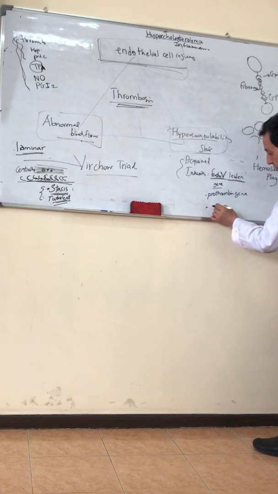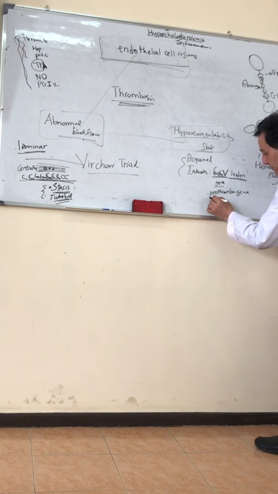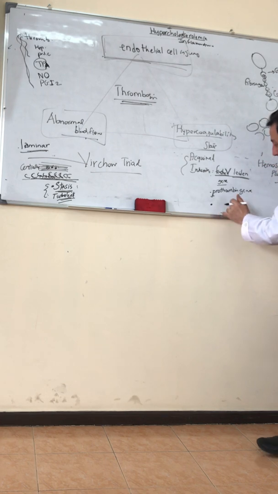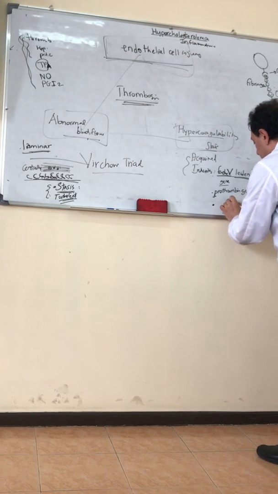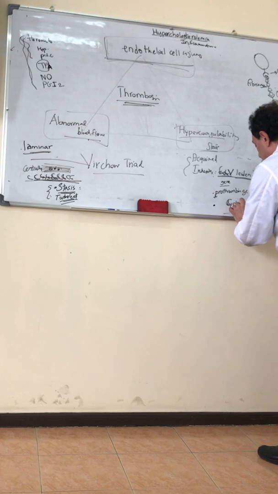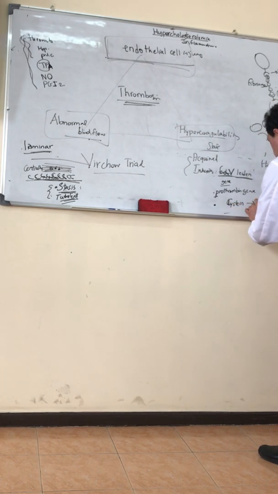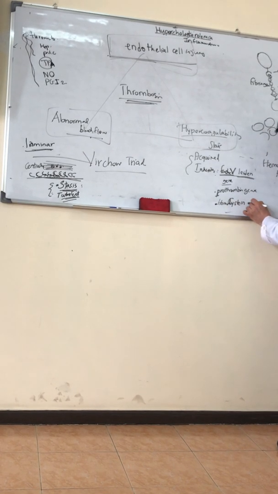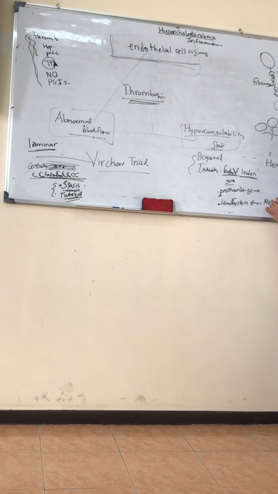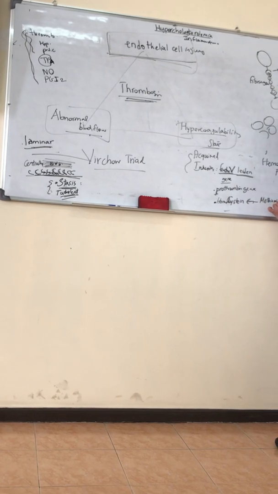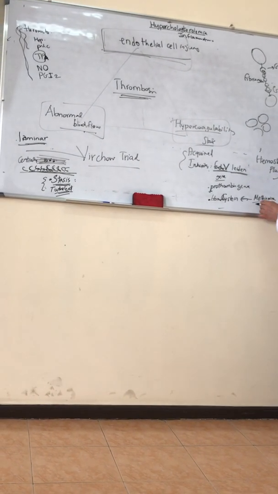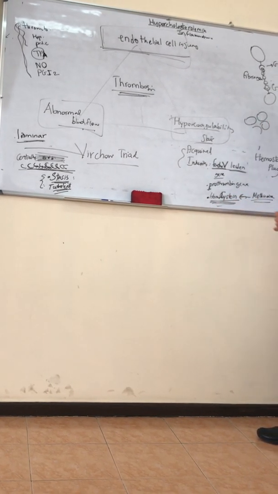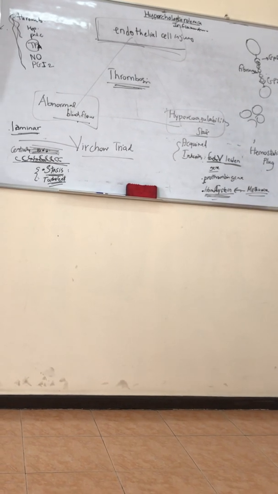Or there is an amino acid called homocysteine, which is developed from methionine. Methionine is an amino acid that can be changed to homocysteine. High level of homocysteine is something like high level of cholesterol.